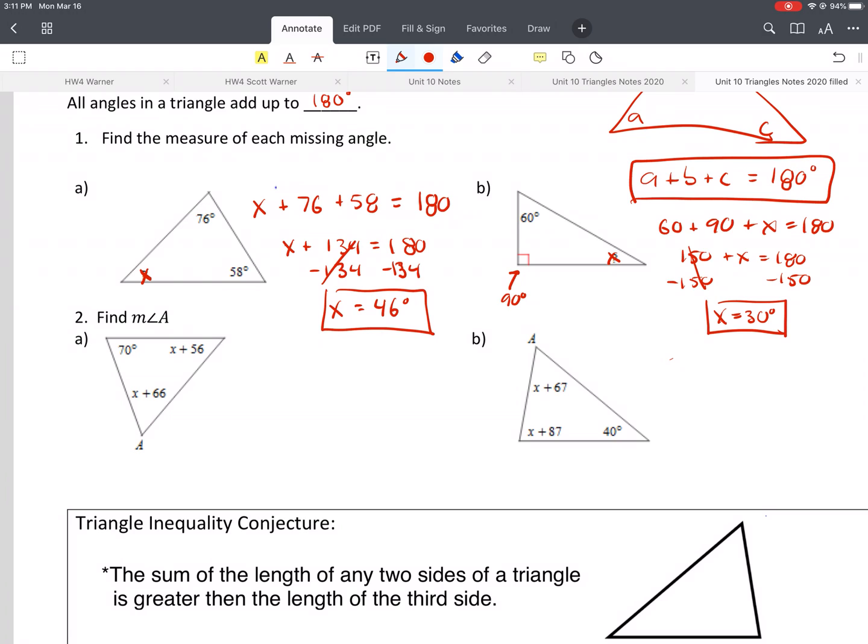Next we have number 2A. You'll perhaps run into some problems like this where we still have three angles, we're still going to add them all together, and we're still going to solve for x.